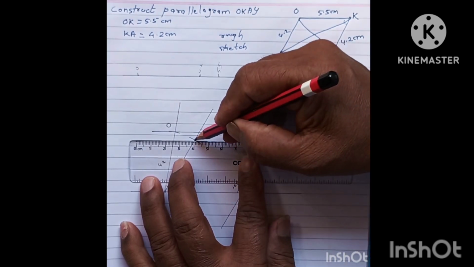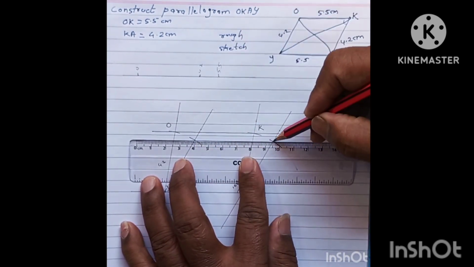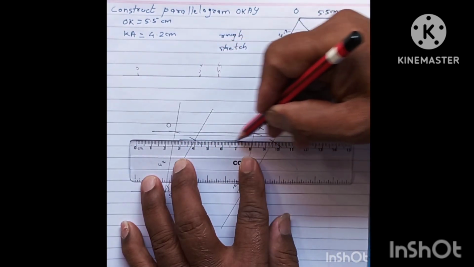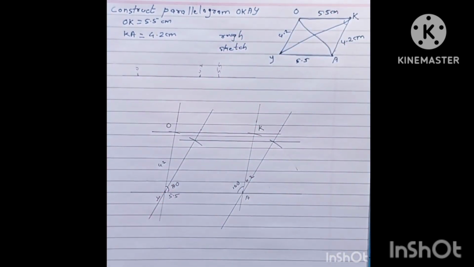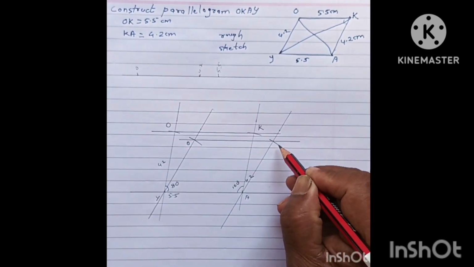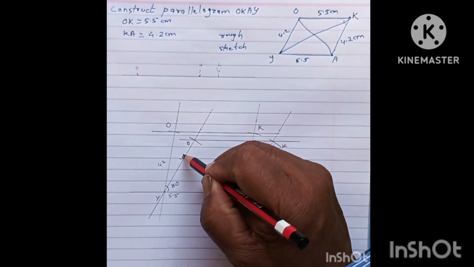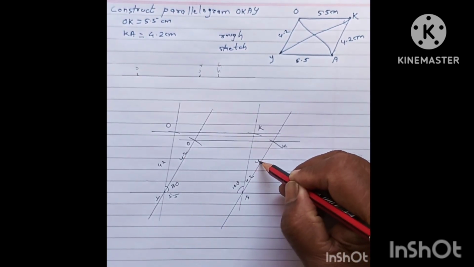Now you must have got some idea about the construction. I'm joining it, confirming it. Now label these vertices O and K, and these distances are 4.2 and 4.2.